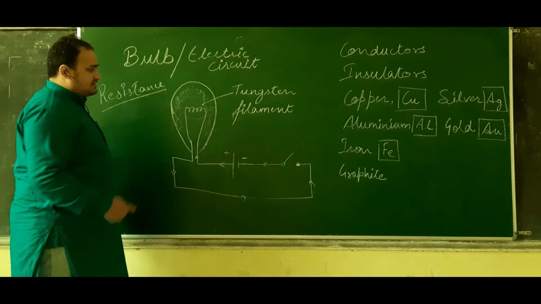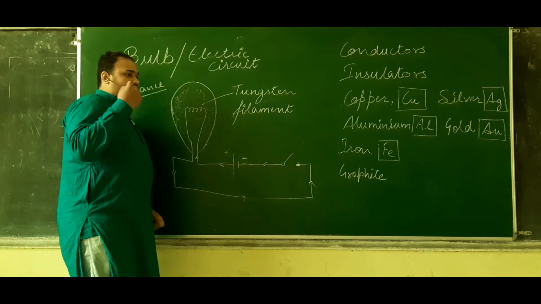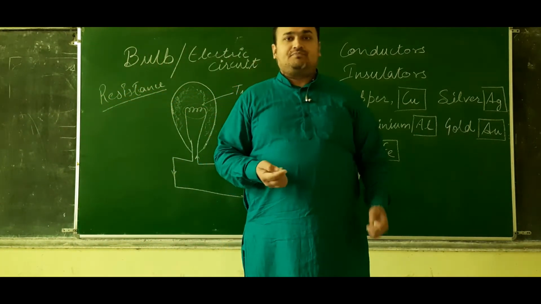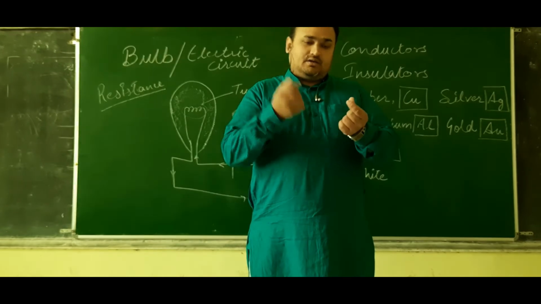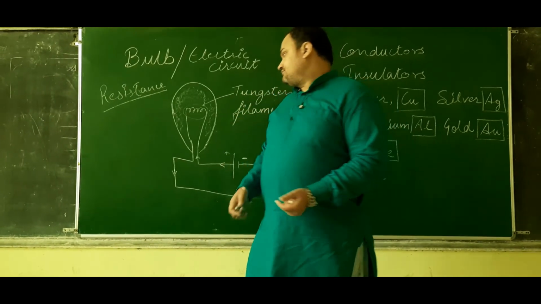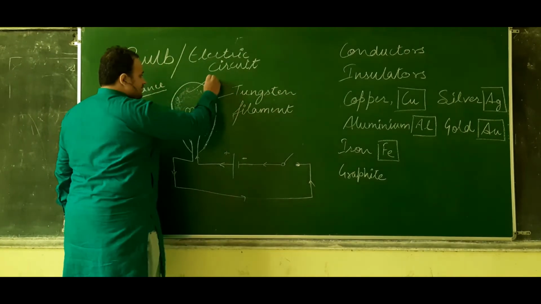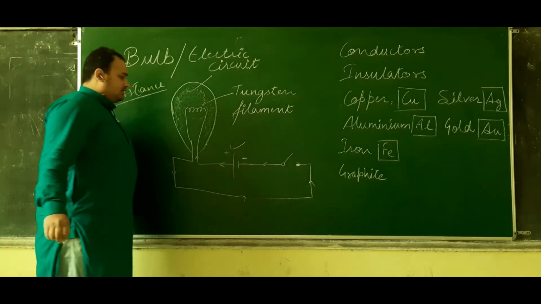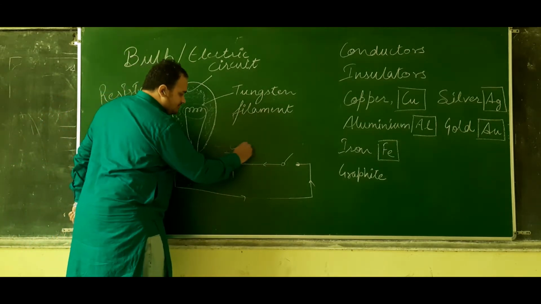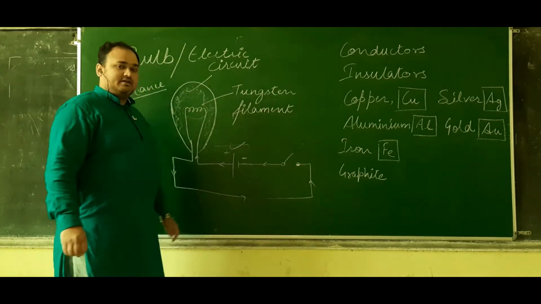Now, electric circuit. I have already told you to do an activity to make a torch. You simply used a bulb, connected it with cells, and it started working. Now, this is my bulb, this is my cell. This sign is used for a cell whenever we are making a circuit.